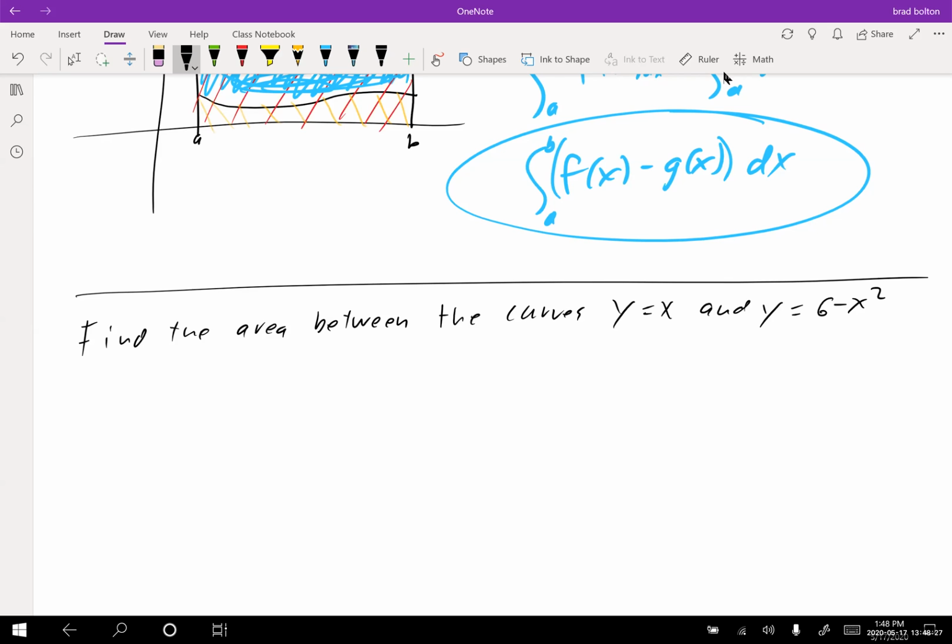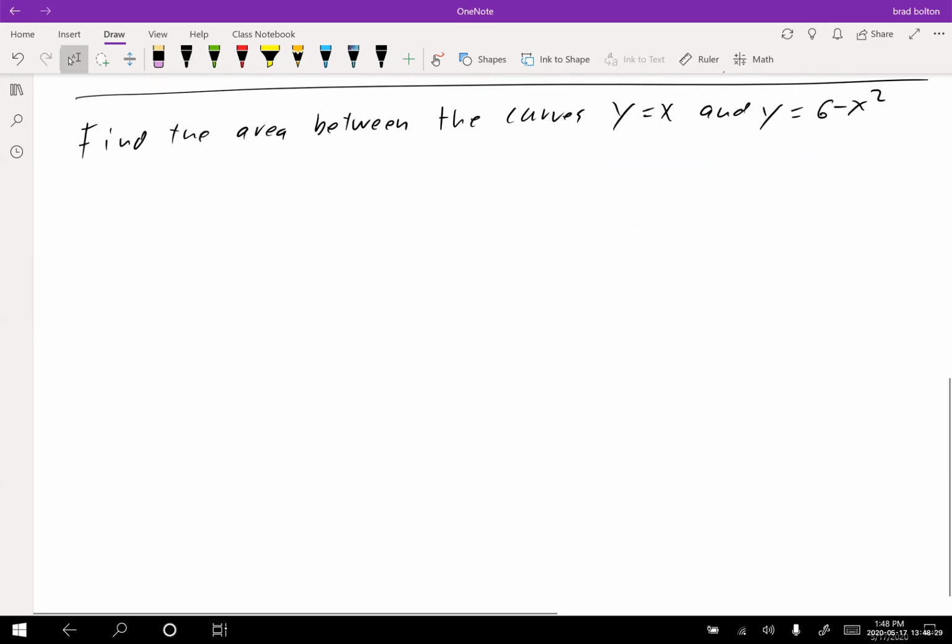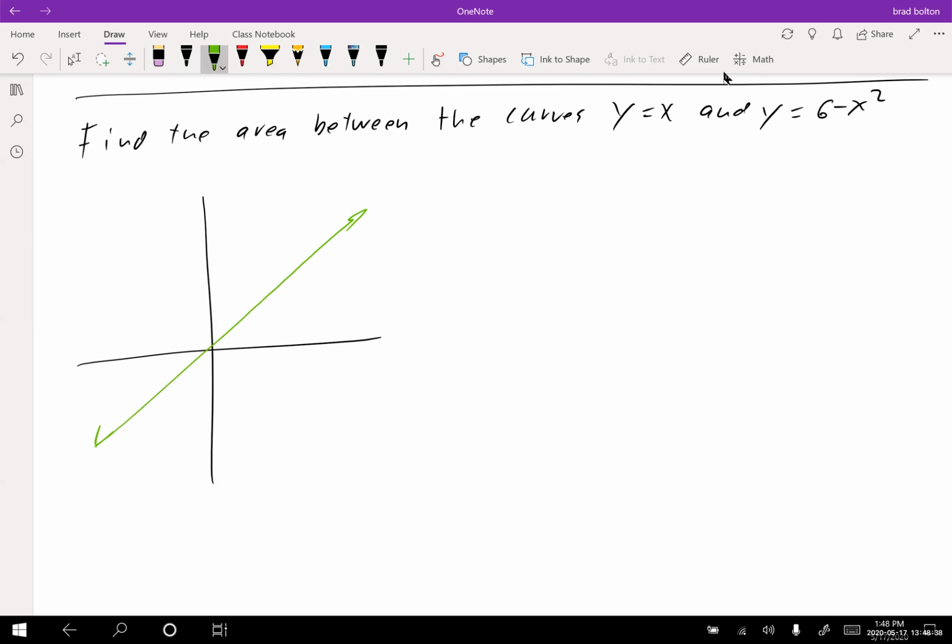You guys should take out your calculator, or maybe you already know how to do this, which you should. This is actually the line y equals x, so I'm going to draw this guy in green. That's the line y equals x. You guys get the idea. I kind of messed it up a little bit. And then the other one is a parabola that goes up to 6, 1, 2, 3, 4, 5, 6, and comes downward.